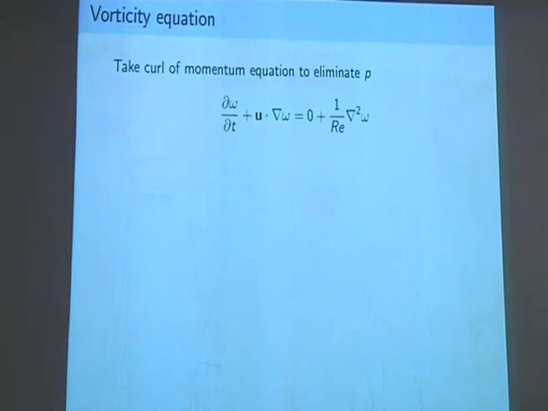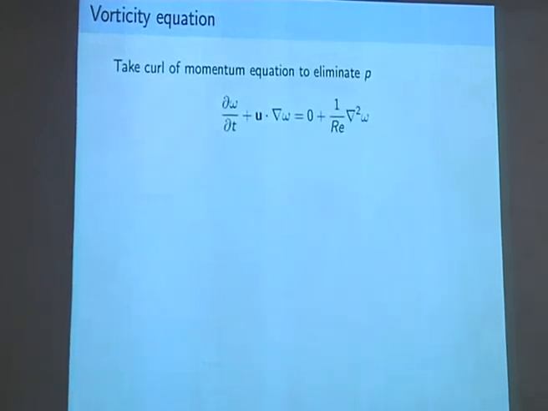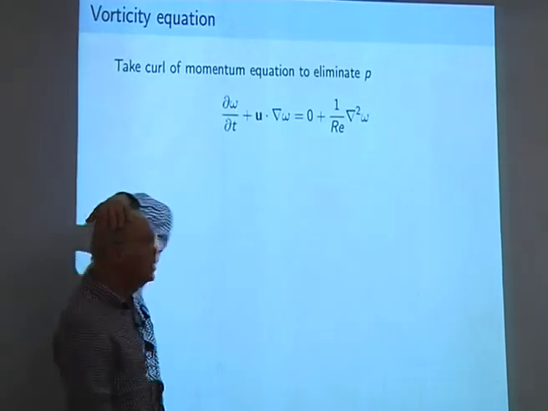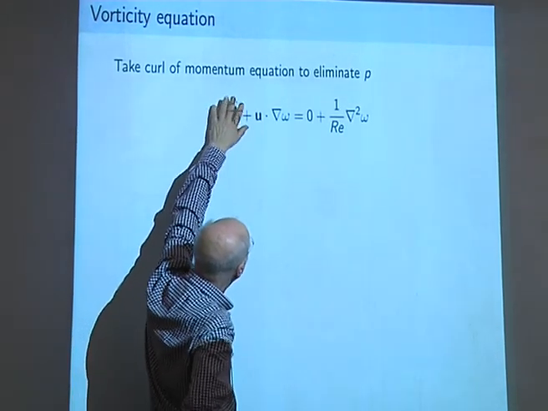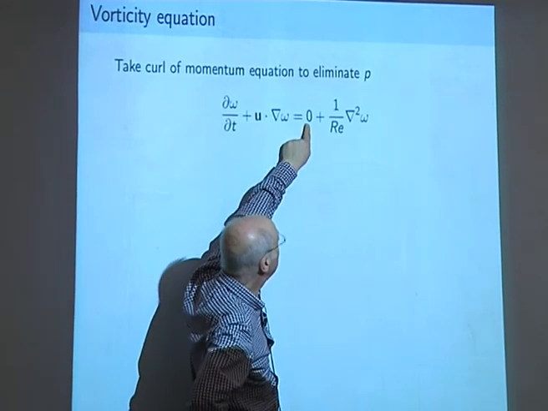Okay. If you take the curl of the momentum equation, you form the vorticity equation of evolution of omega, the vorticity. And the equation in 2 dimensions is a little simpler than in 3. It is that the vorticity is moved with the flow and is not stretched.